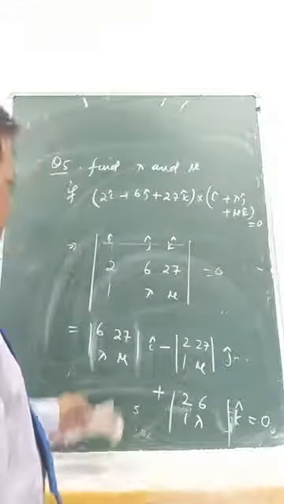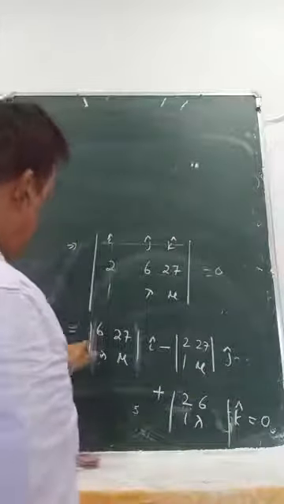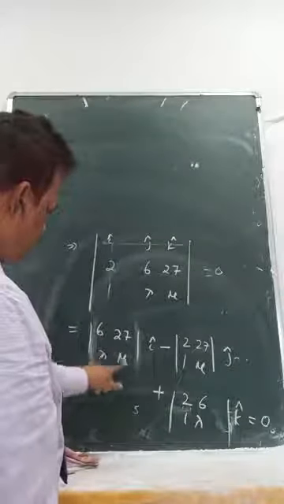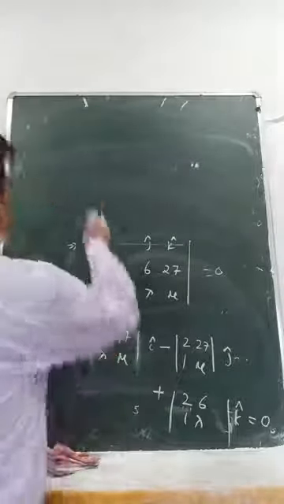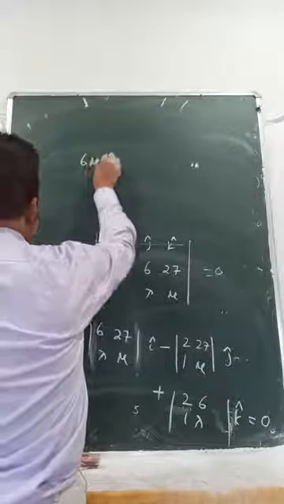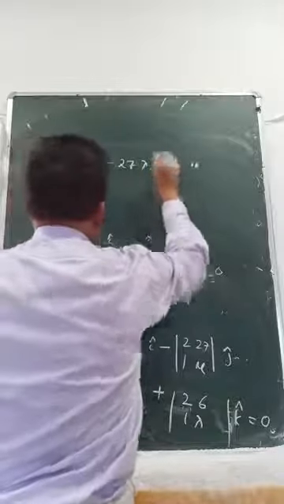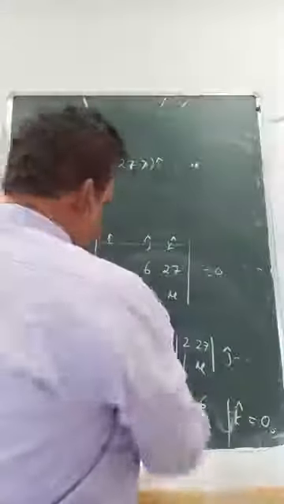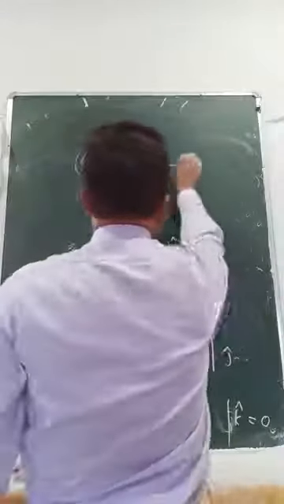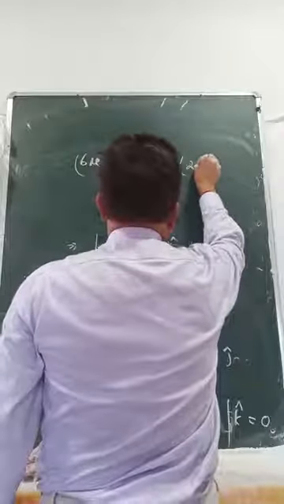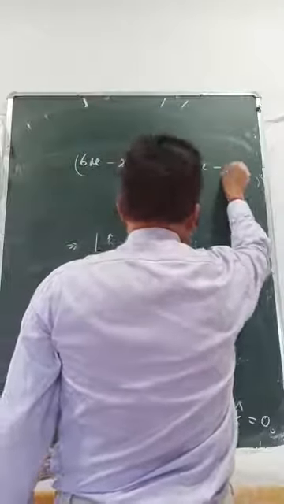Expand it. How much will you get? This is 6 mu minus 27 lambda i. This is 2 mu minus 27 j.